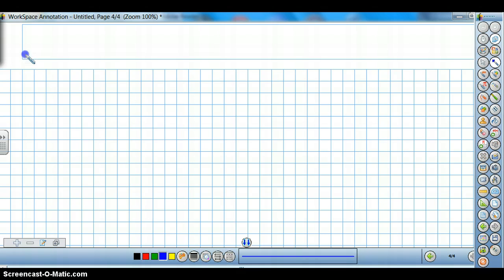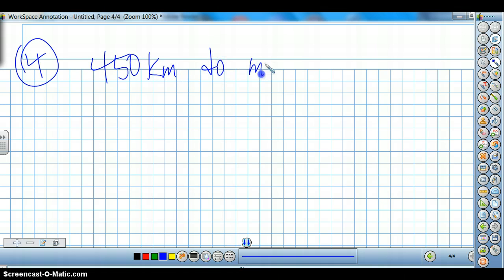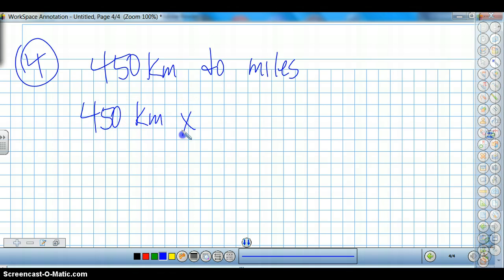Question number 4. 450 kilometers to miles. So 450 kilometers times the conversion factor from the chart. It's 0.6214 miles in 1 kilometer.